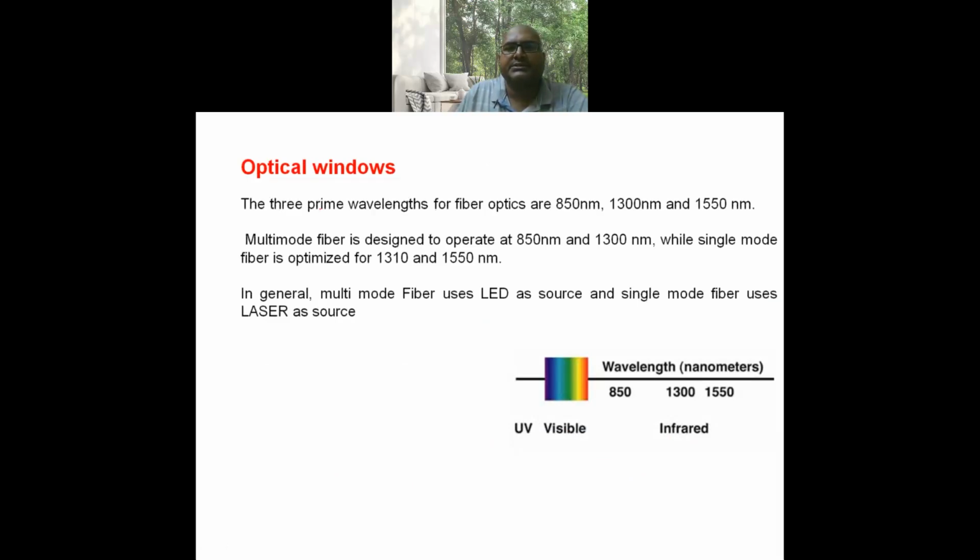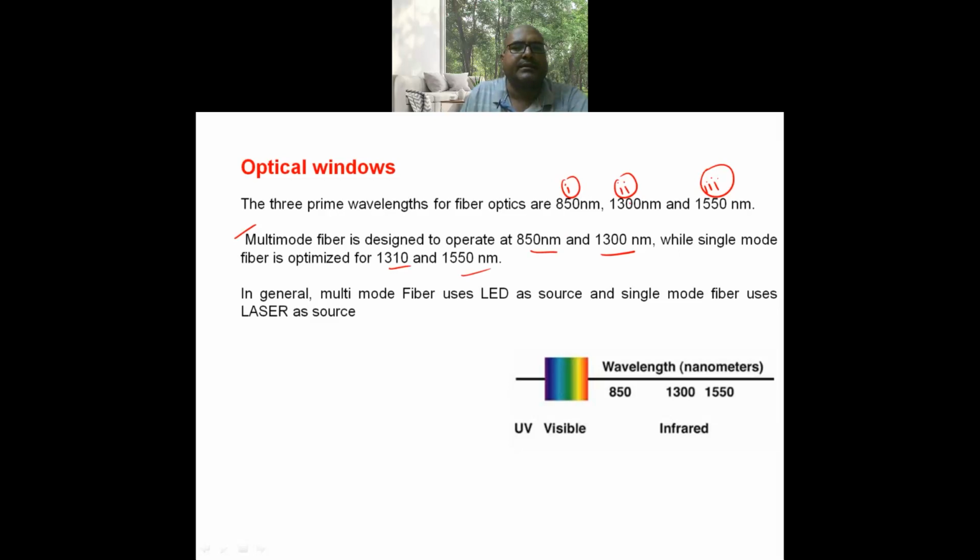Optical windows: there are primarily three windows. The first one is 850 nanometer, the next is 1300 nanometer, and the third one is 1550 nanometer. Multimode fiber is designed to operate at 850 nanometer and 1300 nanometer, while single mode fiber is optimized for 1310 nanometer and 1550 nanometer.